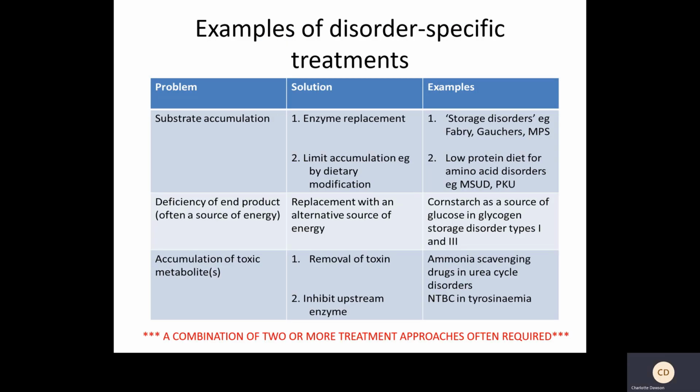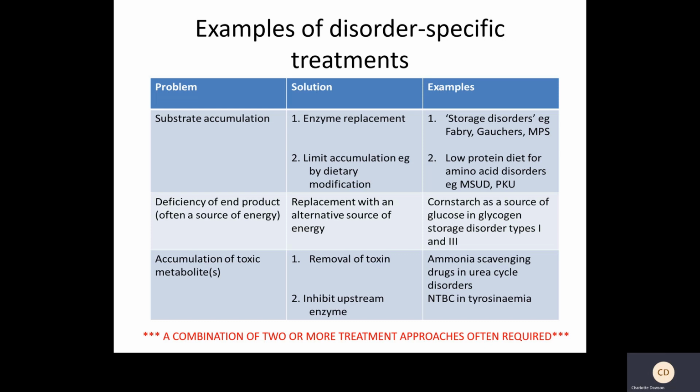This slide just summarizes what I've said. So if substrate accumulation is the problem, then two strategies to resolve that are giving enzyme replacement therapy or high doses of vitamin cofactor, or limiting accumulation by dietary modification. If deficiency of end product is the problem, and this is seen where that end product is a source of energy, then replacement with an alternative source of energy is an effective strategy.